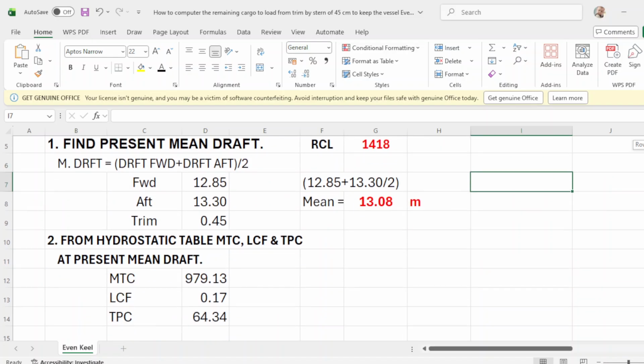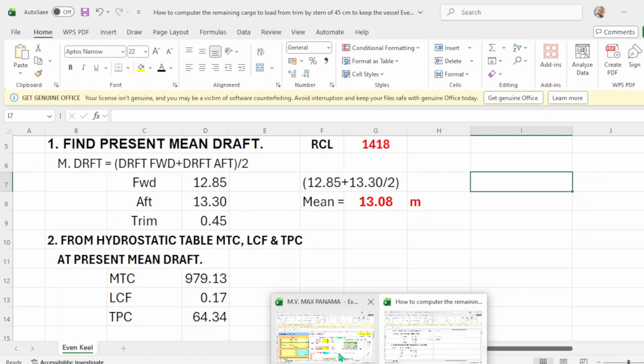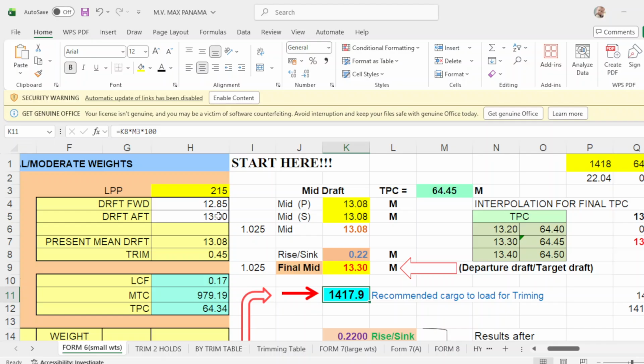The present draft is 12.85 forward and aft draft is 13.30 and trim is 0.45. So we put it in the program. Forward is 12.85 and aft draft is 13.30, which is the summer draft, and its mean draft is 13.80.